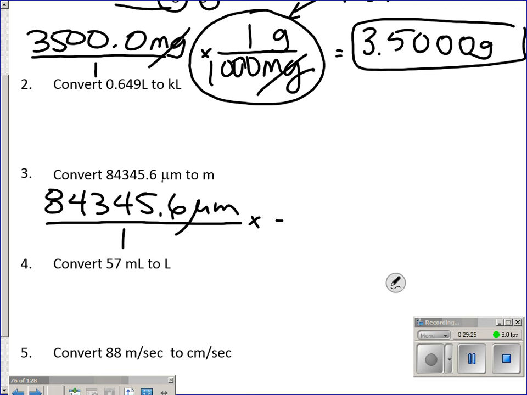So I want you to tell me first, before we even look at numbers, what unit has to go on the bottom? Say again, Darcy? Micrometers, because I don't want micrometers anymore. I want meters in the end. So micrometers has to go on the bottom in order for us to cancel it. And you said we're converting to what? Meters. So I know I'm putting meters on top.